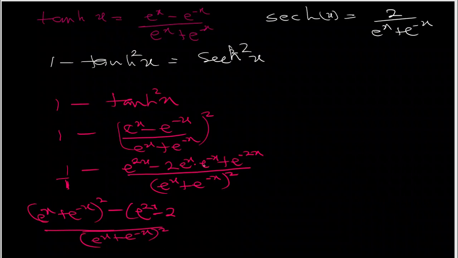Let's just simplify this because those two will cancel each other. The e power x will cancel e power minus x. So minus 2, then plus e power minus 2x.